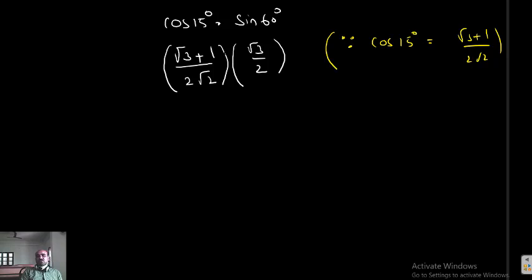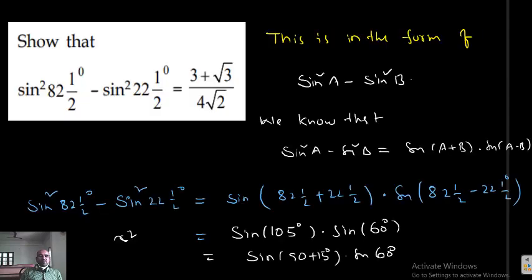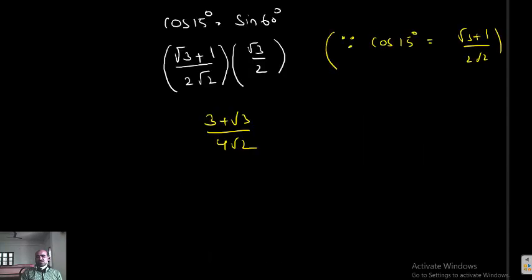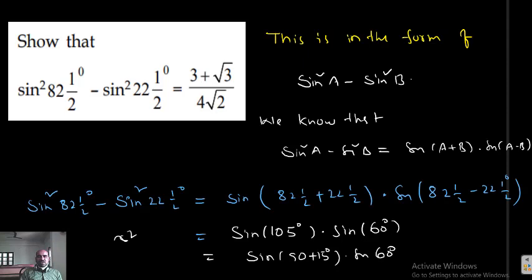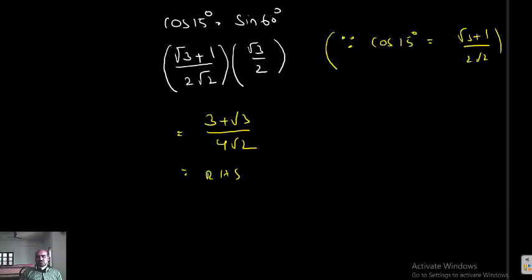So this is root 3 into root 3, 3 plus root 3 by 4 root 2, which is equal to the RHS. Therefore, LHS equals RHS.